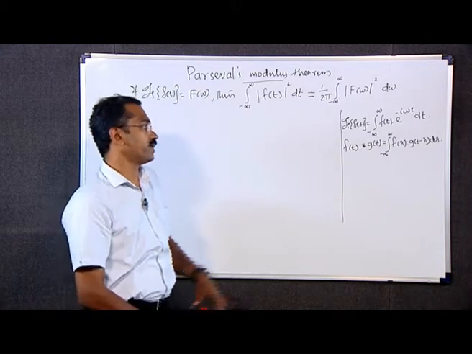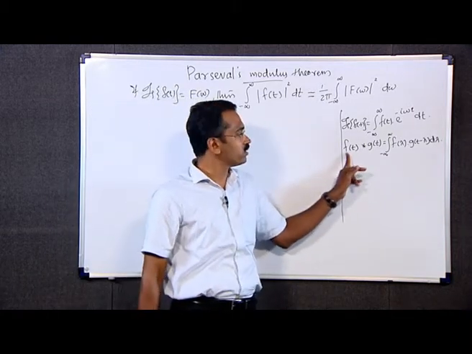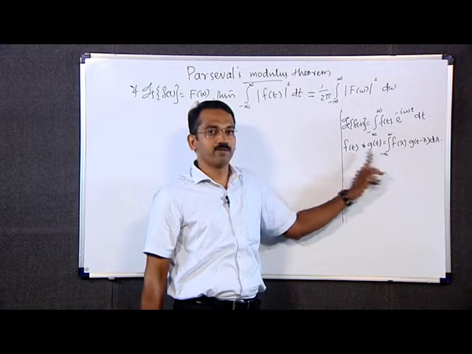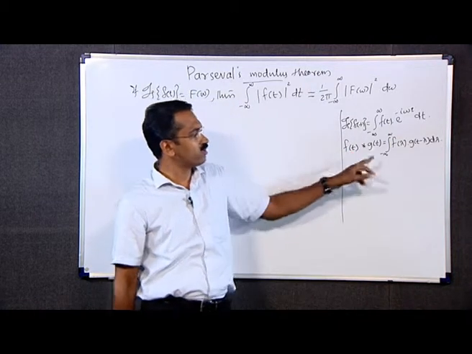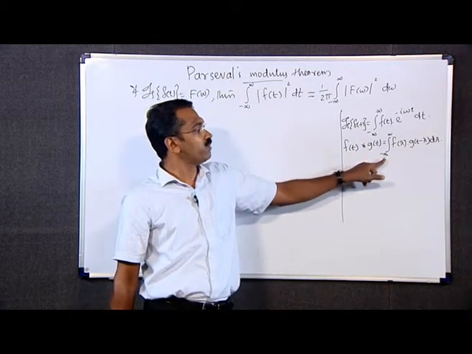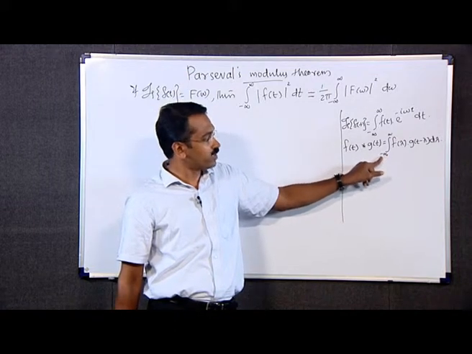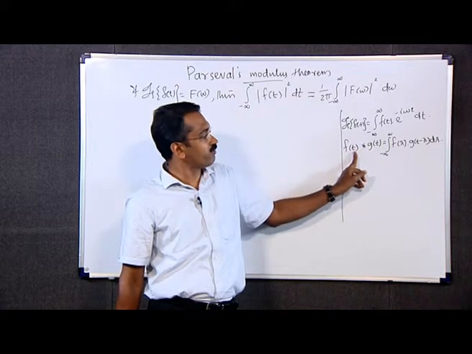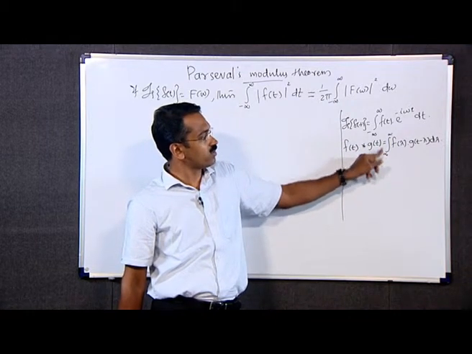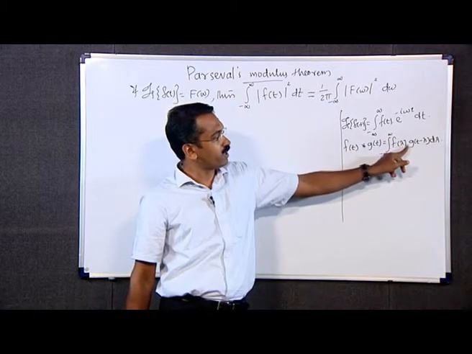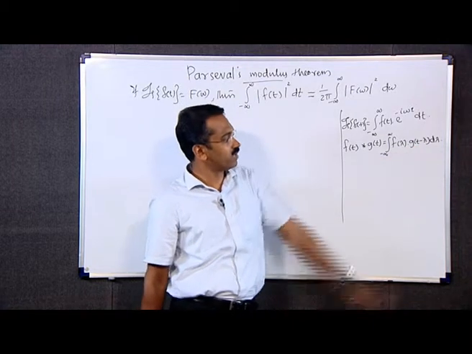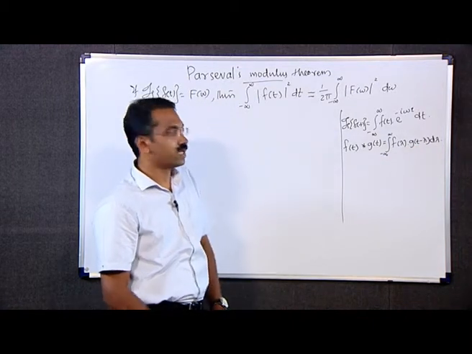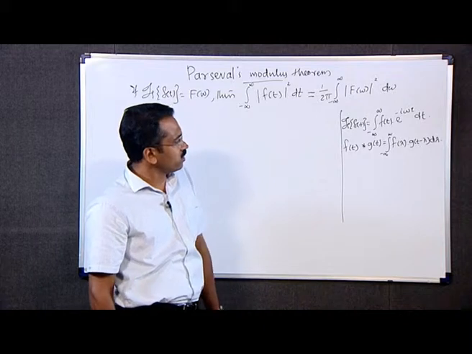This is the bilateral convolution between the two functions f of t and g of t. If it is unilateral, then the lower limit of this integral will become 0. That is, f of t star g of t equal to integral from 0 to infinity f of lambda into g of t minus lambda d lambda, which is known as the unilateral convolution.